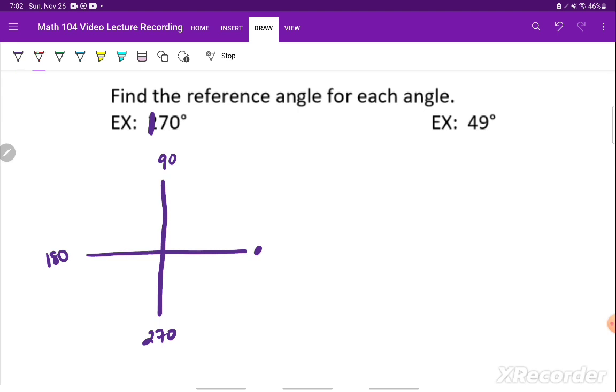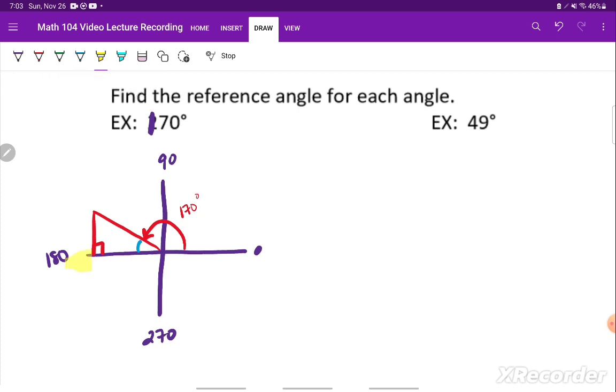So that angle of 170 degrees is going to be in quadrant 2. I'm going to drop a perpendicular to the x-axis, creating a right triangle, and my reference angle is going to be this angle right here.